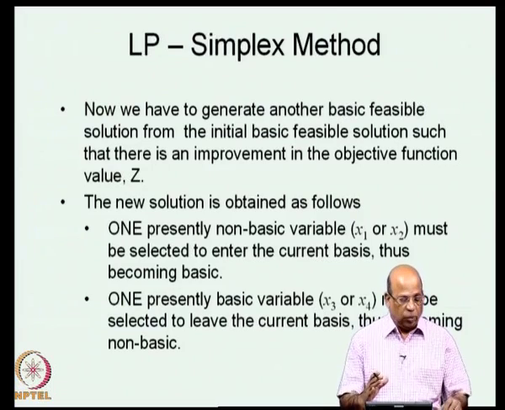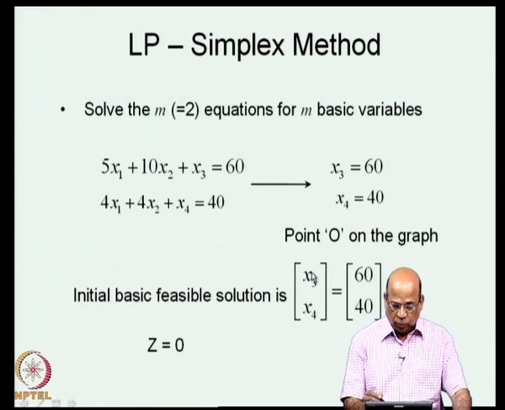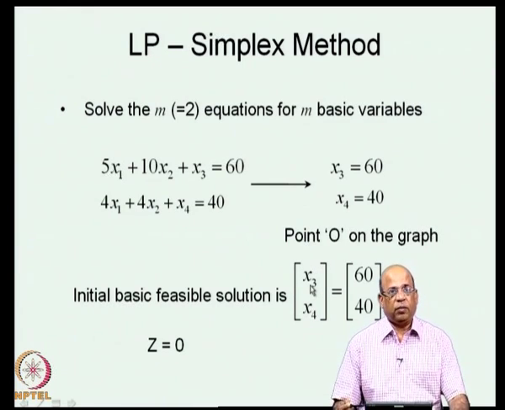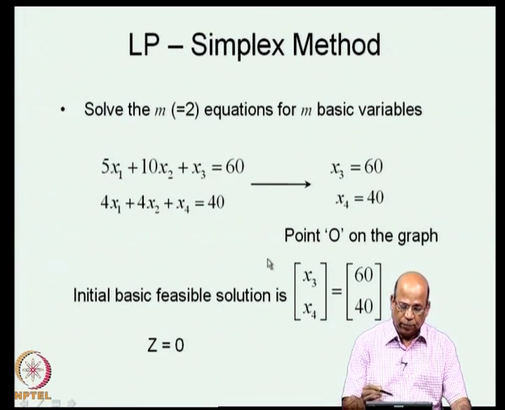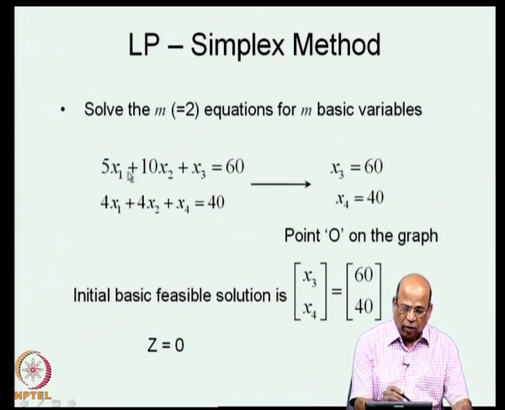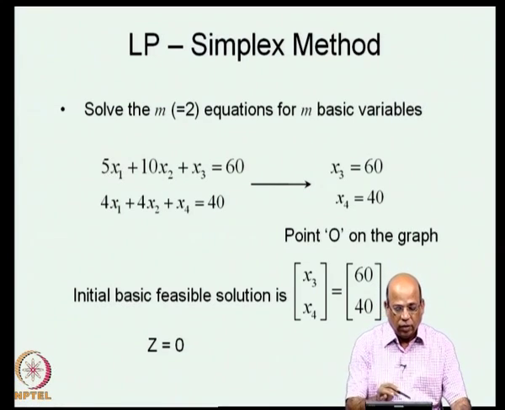We need to look at this basis now. This basis has two variables, which is m number of variables. Out of these m variables, in the next iteration or the next step, exactly one of these, either x3 or x4, goes out, and exactly one of x1 and x2, which are currently non-basic variables, comes in.